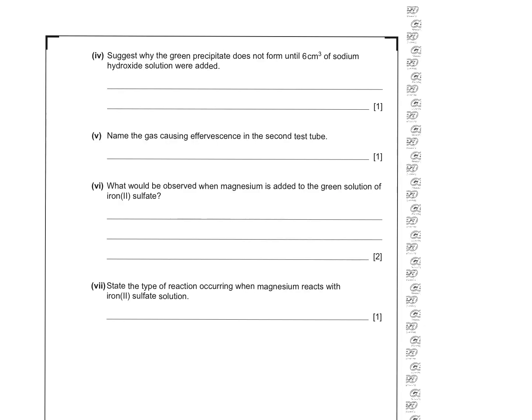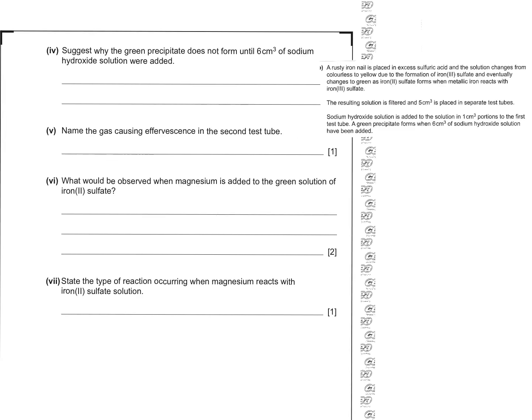Suggest why the green precipitate does not form until 6 cubic centimeters of the sodium hydroxide solution were added. If you look at the question and try and understand what's happening, the iron nail is in sulfuric acid. So there's still going to be sulfuric acid here whenever the solution is filtered and put into separate test tubes.